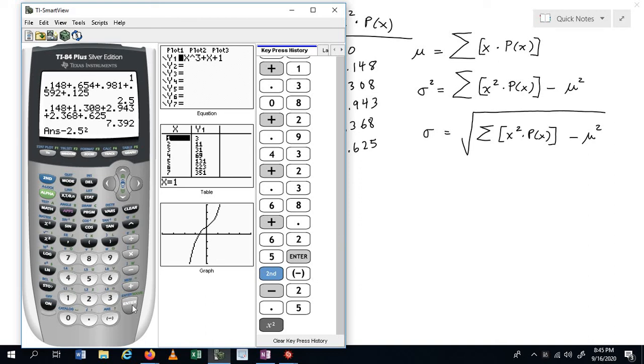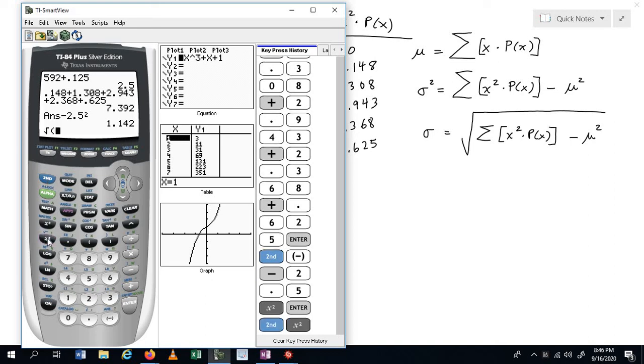Okay, and so press enter, and that gives you 1.142, and then don't forget you have to take the square root of that number. Now the square root button is a blue button. It's right here, so make sure you use the second button, and you can see it shows the square root. I'm going to take the square root of the previous answer, so I'm going to put in second answer, and then close parentheses.